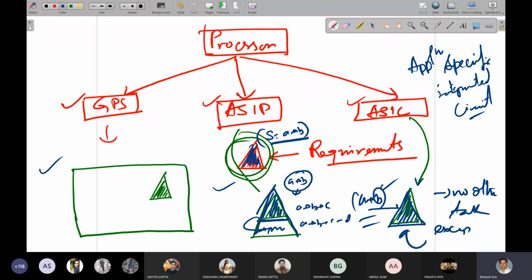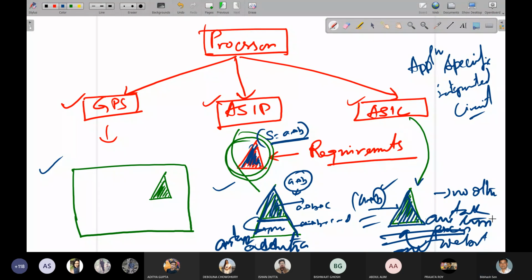If you are planning for addition, it can do, apart from 2 bit, 3 or 4 bit also. It's application specific. That means the application is addition, any type of addition. But in this case, it is only 2-bit addition, not any type. Are you getting my point? Not any type, only the specific requirement.